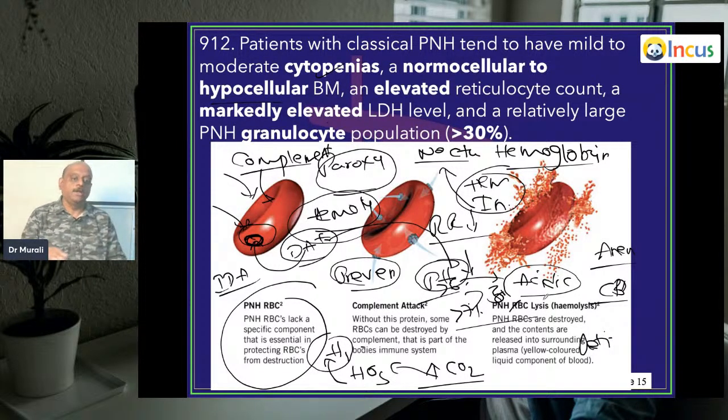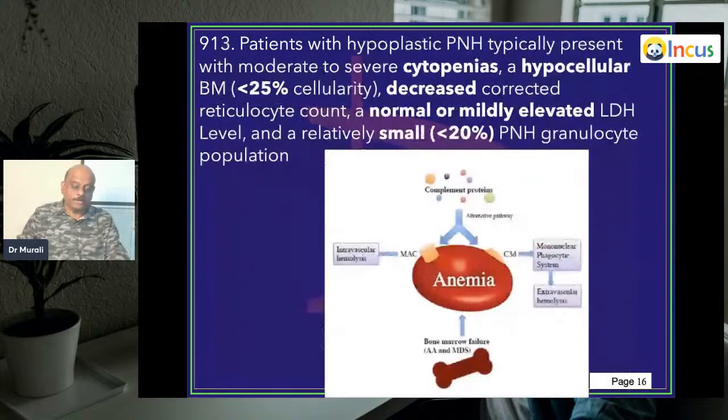So to summarize, what do you have in classical PNH? Cytopenias, normo to hypocellular marrow, elevated reti count, markedly elevated LDH, and also a large PNH granulocyte population of more than 30%. So please remember, this classical combination is what you need to remember.